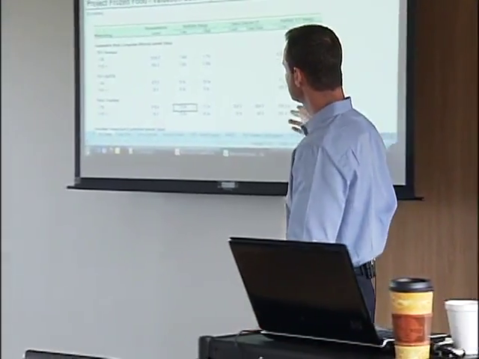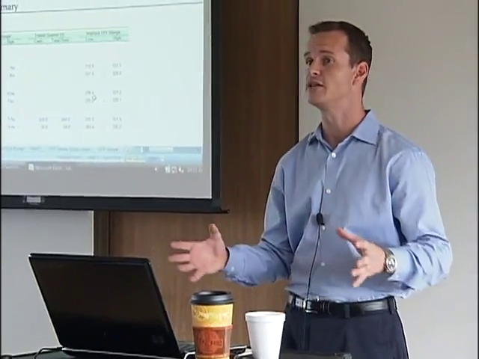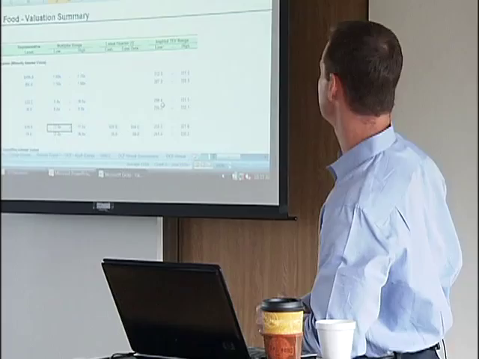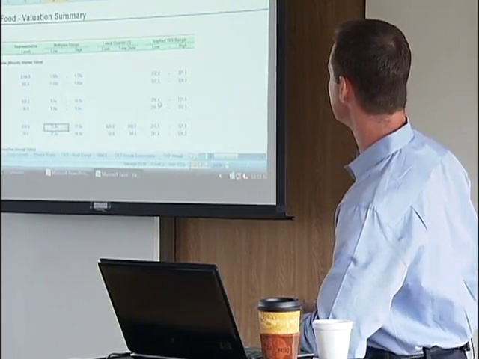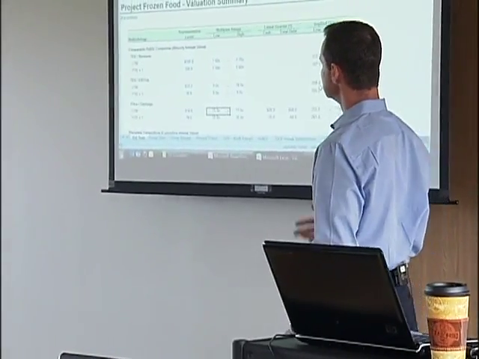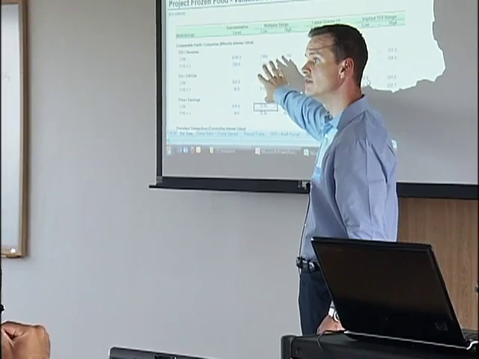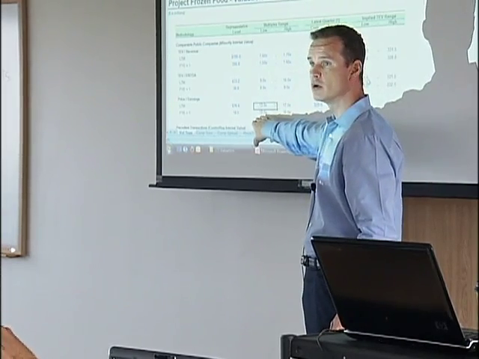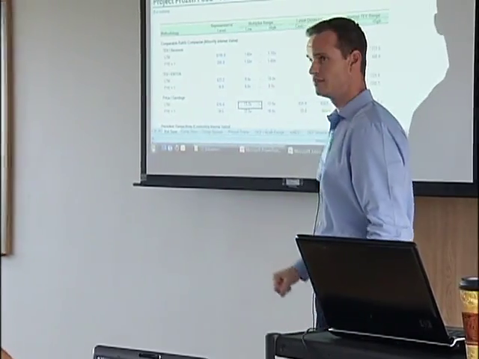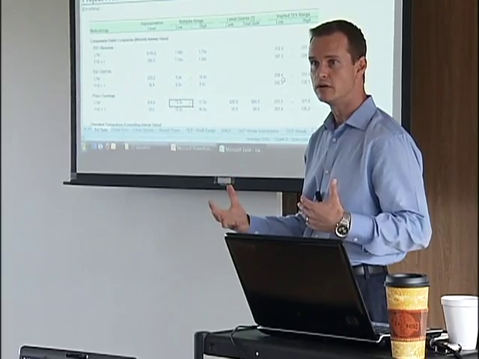And then on the PE multiple, I've done kind of a similar exercise. I've selected multiples that approximate the range indicated by our comps, 13 to 17 times on an LTM basis, 12 to 16 times on a next year basis. The only difference between the price earnings and the total enterprise value, the TEV multiples, is that these are equity multiples. So if I multiply an equity multiple by earnings, it's going to give me market value of equity, not total enterprise value. Right?